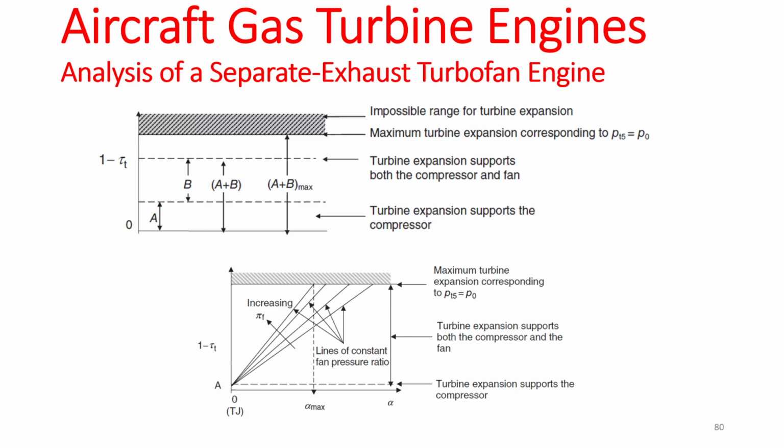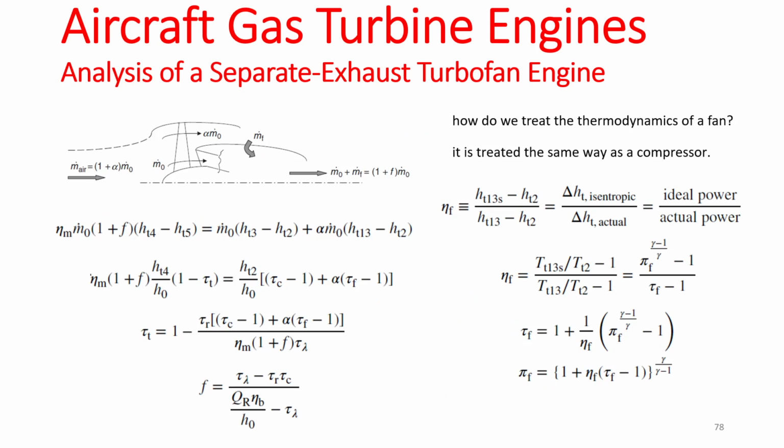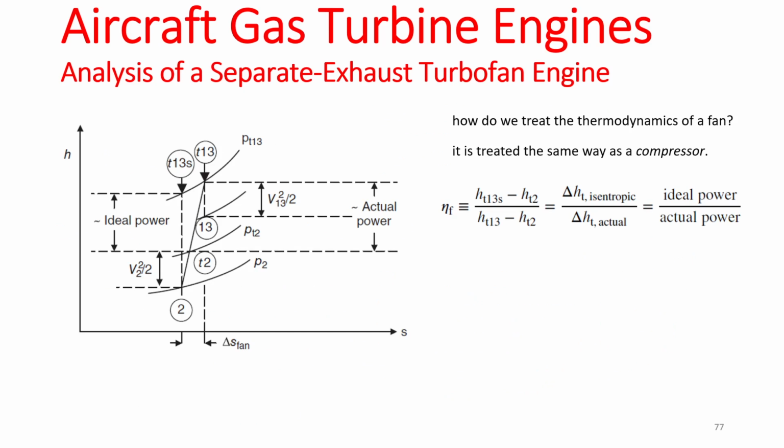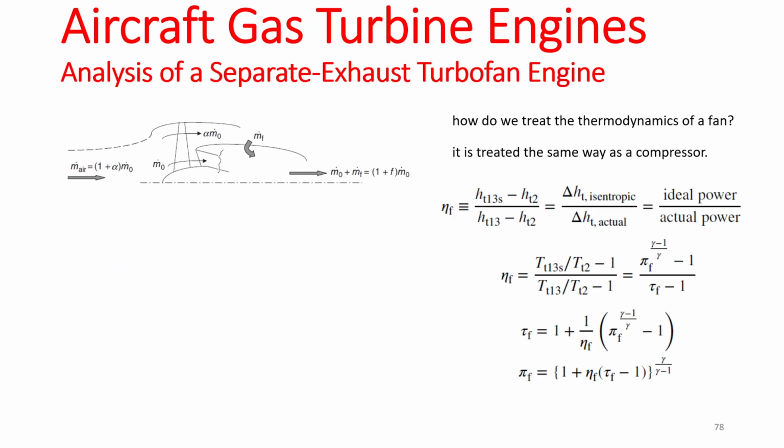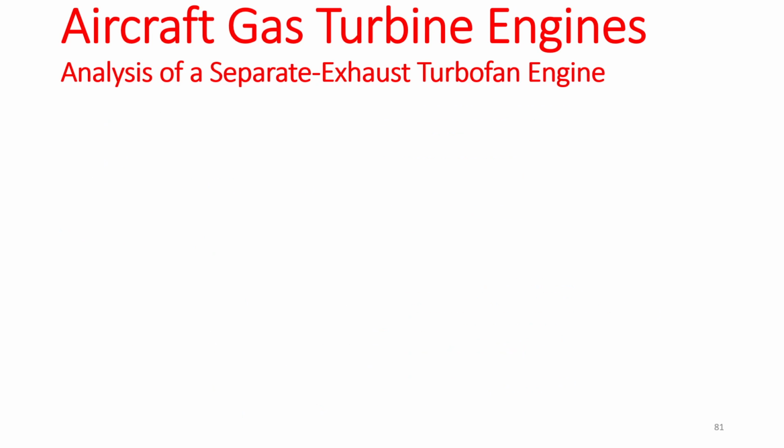Why is this V19? Yes, yeah, we have a station 19. Okay, so we have one contribution from the exhaust of the fan, and we have always had the contribution from the exhaust of the core, minus the total air coming in at station 0, at the ambient, at the flight condition, right?